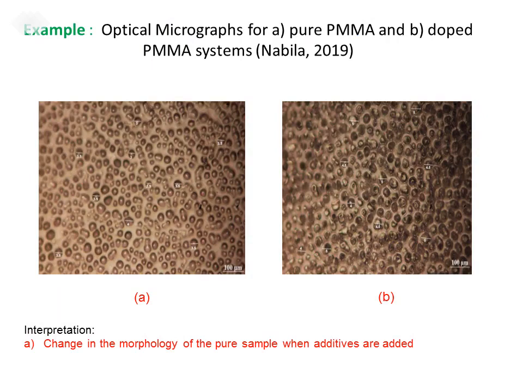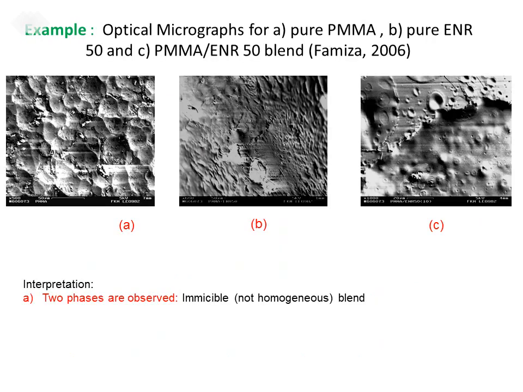Usually, the addition of additives will give slight change to the morphology of the polymer. When two phases are observed from the micrograph, it indicates that the polymer system is not homogeneous.